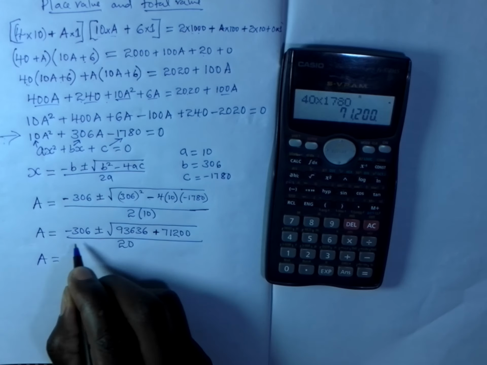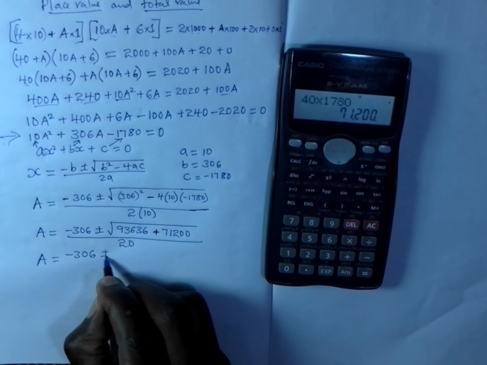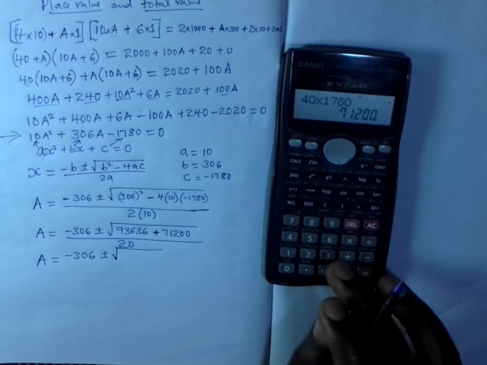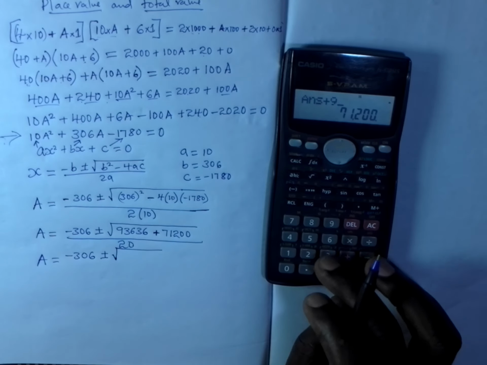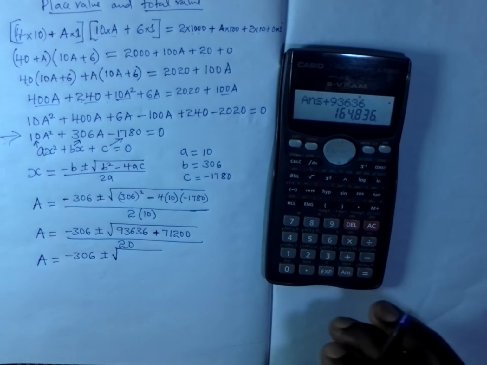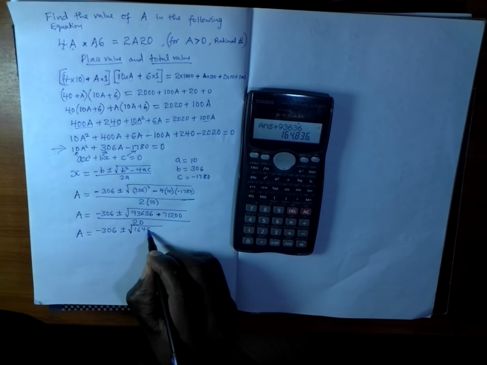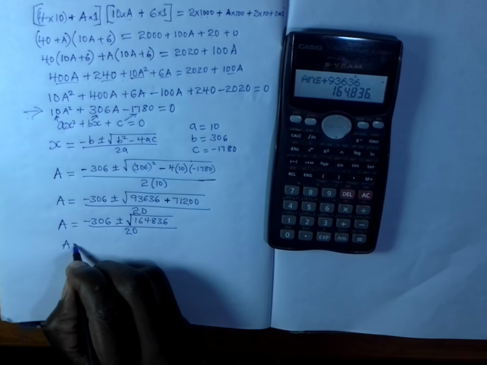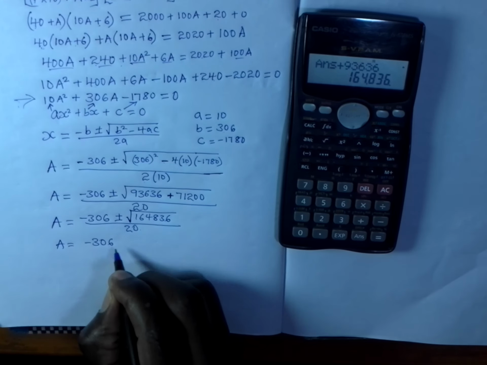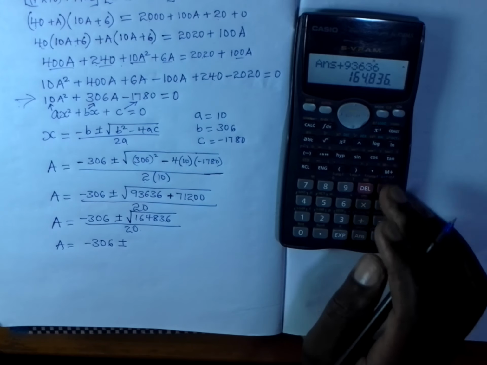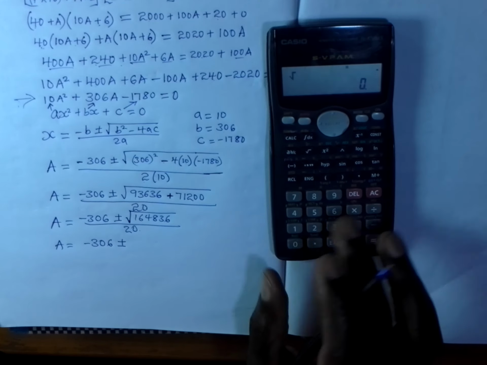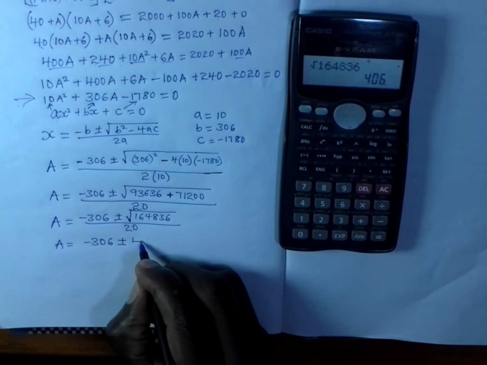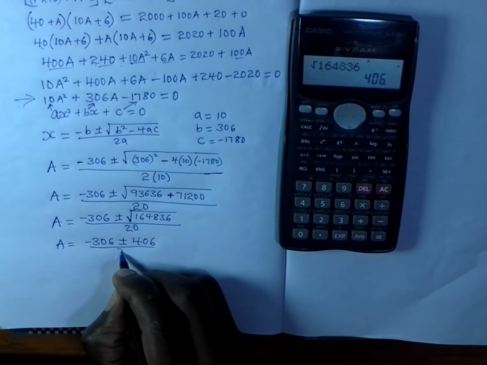So a will be equal to minus 306 plus or minus the square root of, let us add the two, 71,200 plus 93,636, so we get 164,836, all over 20. So this will be negative 306 plus or minus the square root of 164,836, that is 406, all over 20.